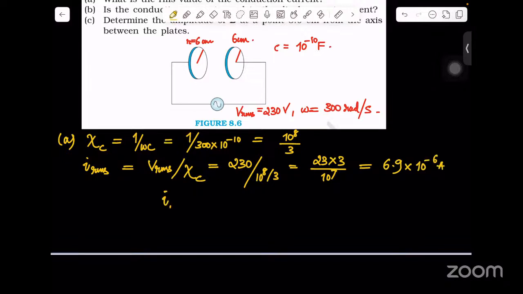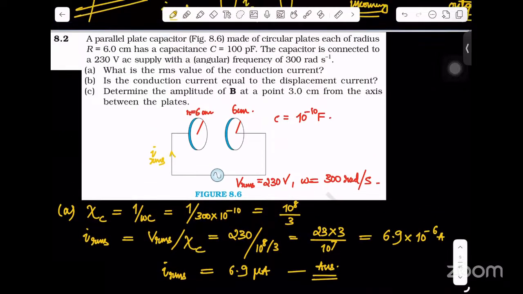In other words, the RMS value of the conduction current in the circuit will be equal to 6.9 microamperes. So this is the answer to the first bit. I hope everyone is clear up to this point. Next, the second bit is: is the conduction current equal to the displacement current?